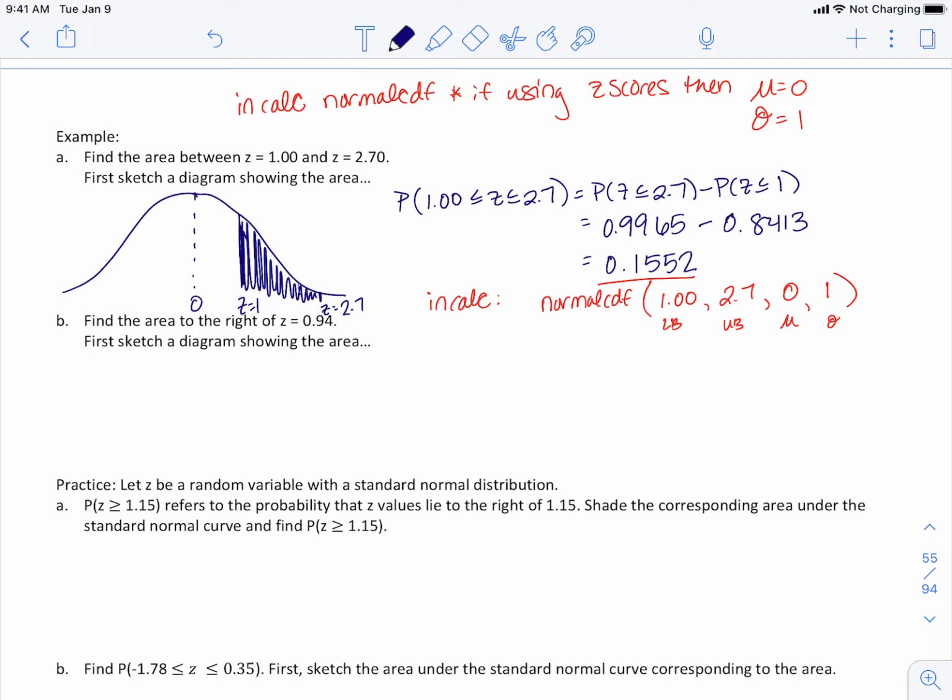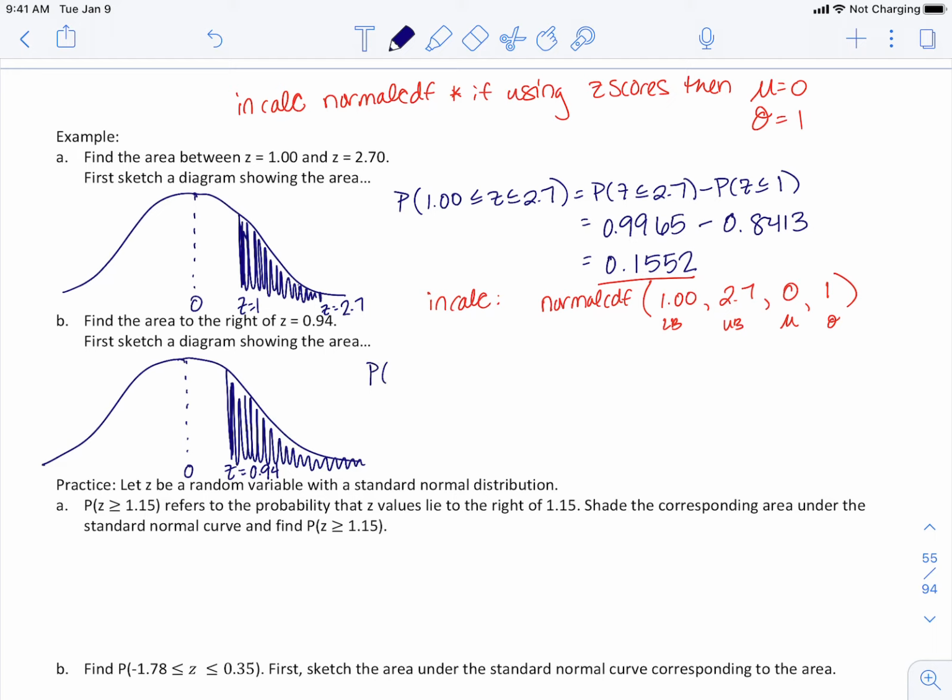Here's our next one. Find the area to the right of z equals 0.94. First, sketch a diagram. So again, let's sketch a standard normal curve. Here's our 0. And here's about z is 0.94. We want the area to the right. So that's all this.